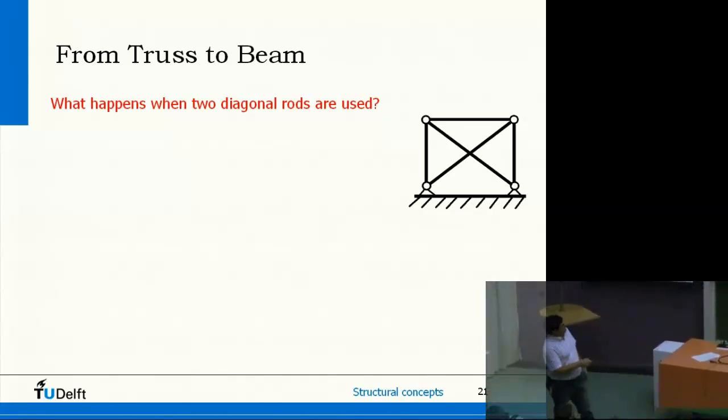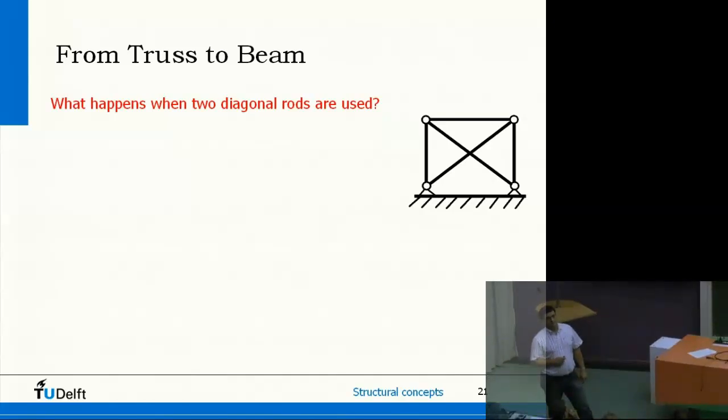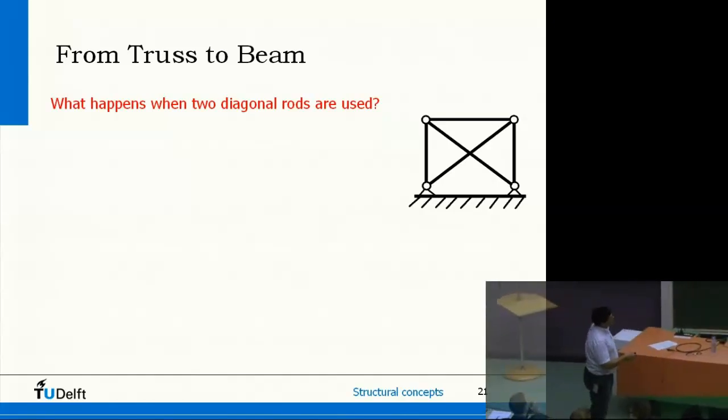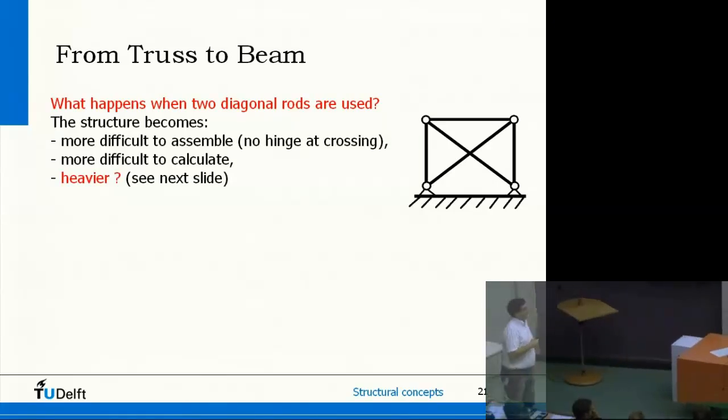Let's say I cut this one. It's still standing, huh? What happens if I cut this one? It still stands. What if all other ones are intact, but I cut one of these diagonal bars? Still stands. So this is what we call fail-safe. I will try to explain that in the next slide.